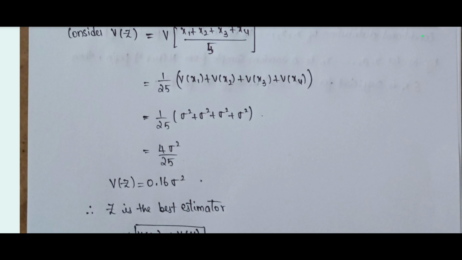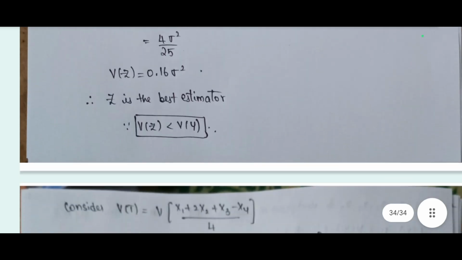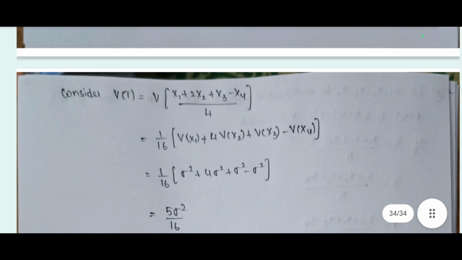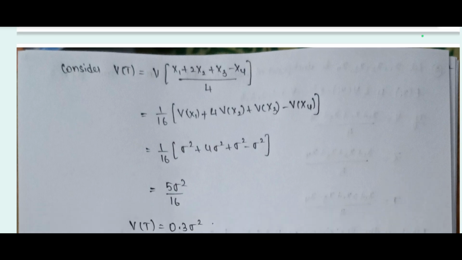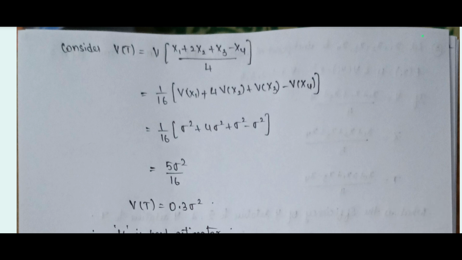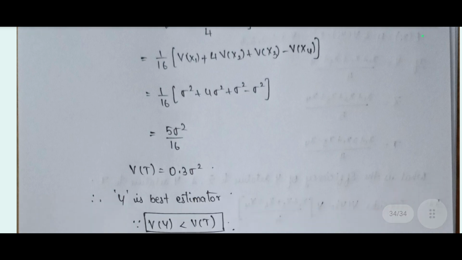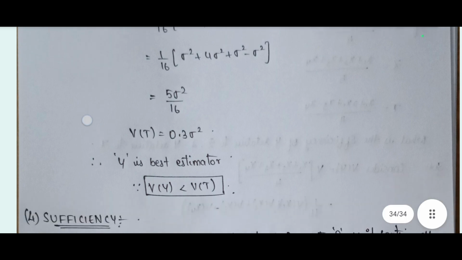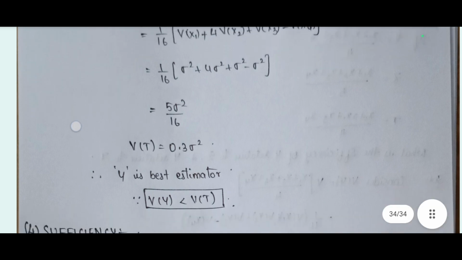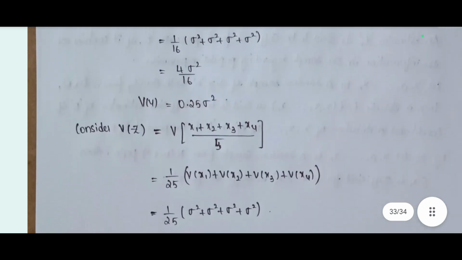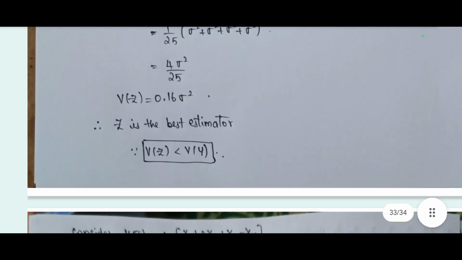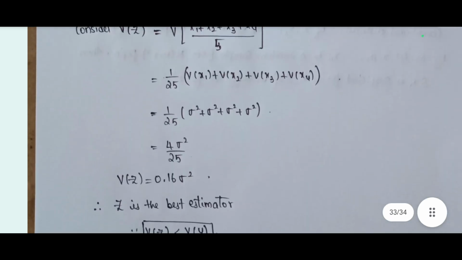Next, last but not least, the t value. So 1 divided by 16, you got here 5 divided by 16 sigma square, which is 0.3 sigma square. On comparing these, you have to decide which one is the best. This y got 0.25 and this z got 0.16.